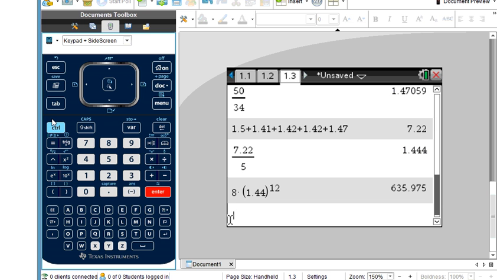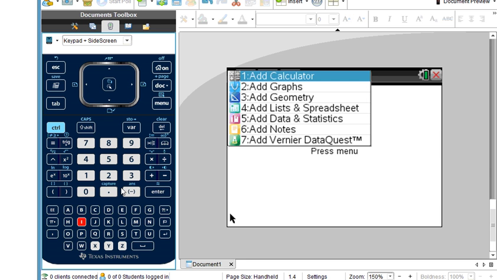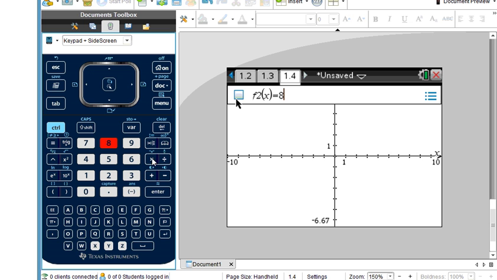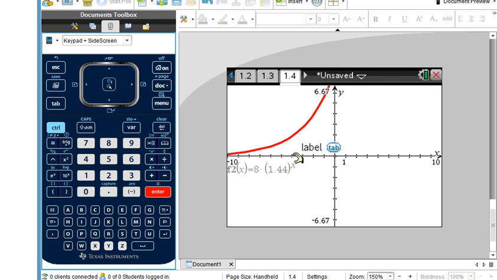So we go here, and I'm going to hit Control I, add graph, and we're going to say 8 times 1.44 to the power of x, and we hit enter, and we've graphed that. We're going to be at 8 up here and continue up. We go to table view. Let me see, remember what that is. That's 451,000. So Control T.